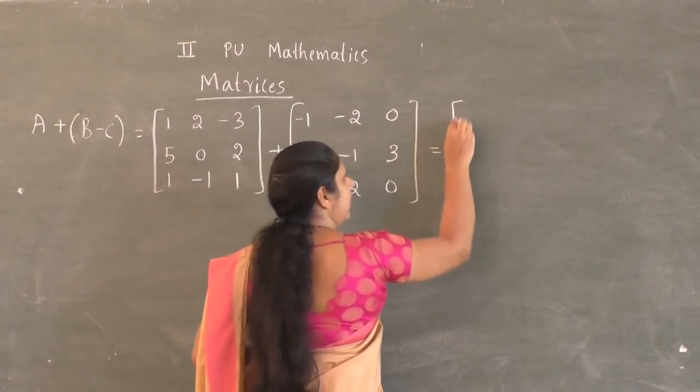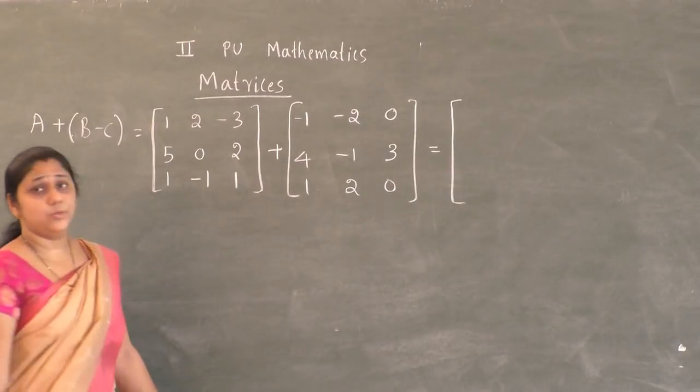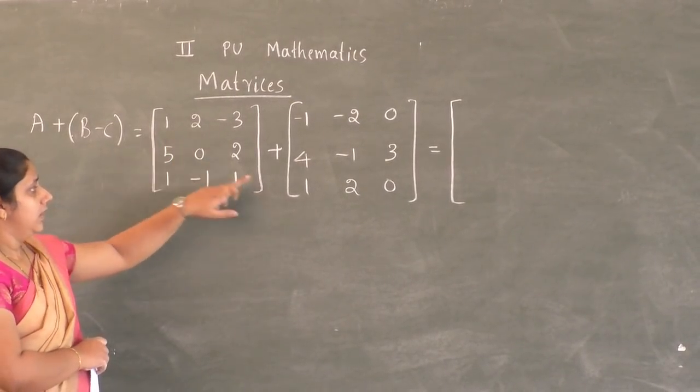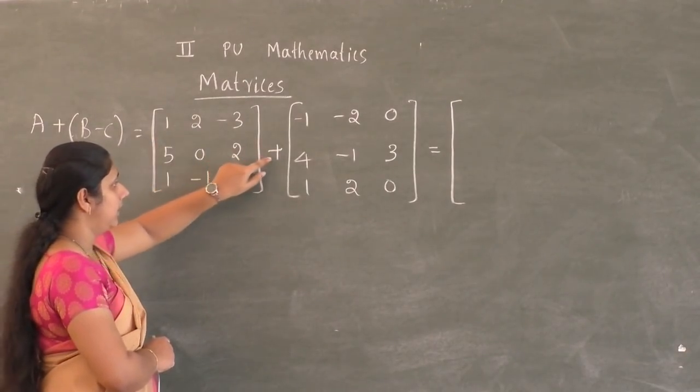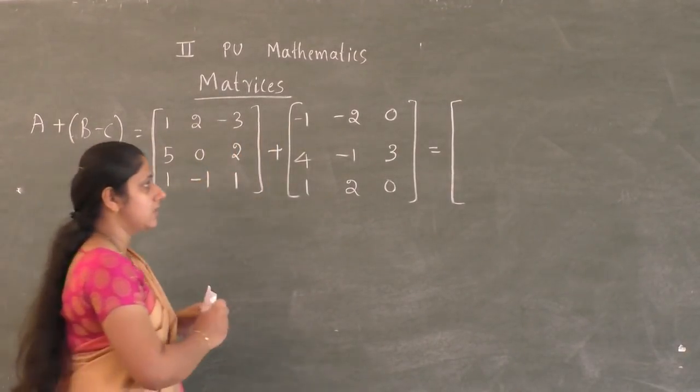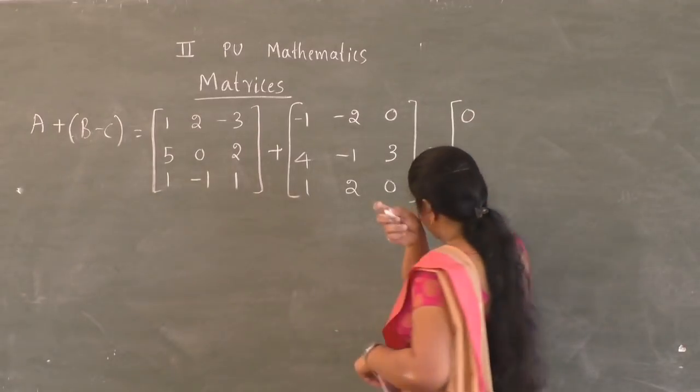Now we have to add these two matrices. In addition, we have to add the corresponding elements. So 1 plus minus 1, that is 1 minus 1, 0.